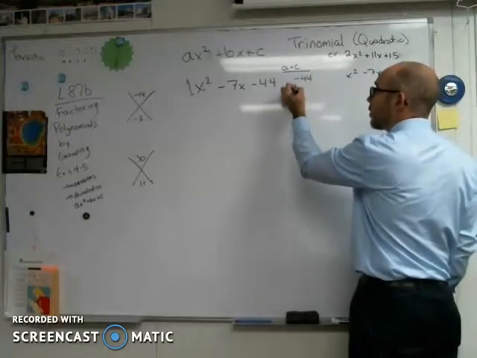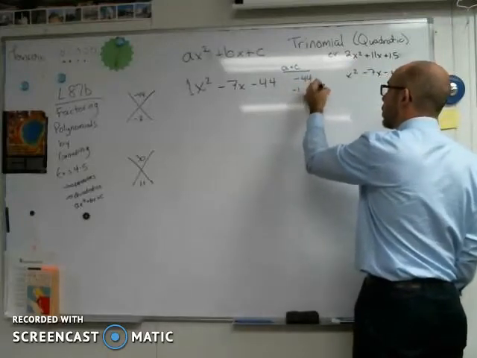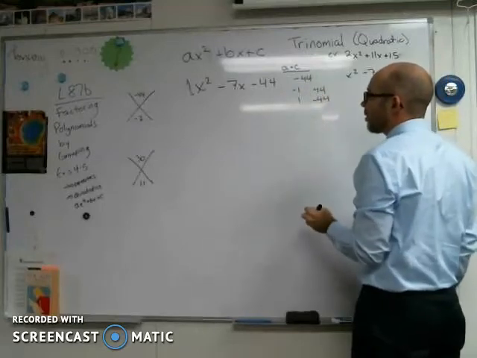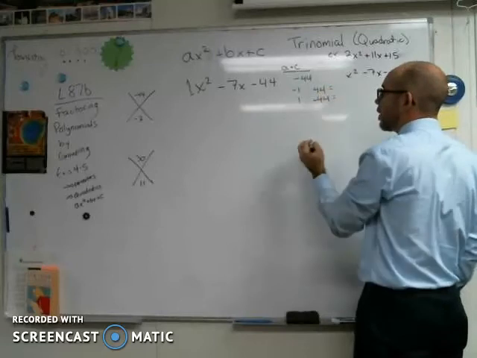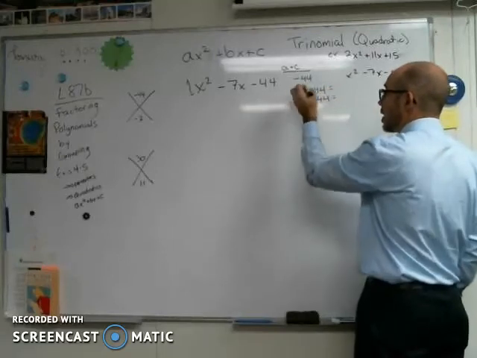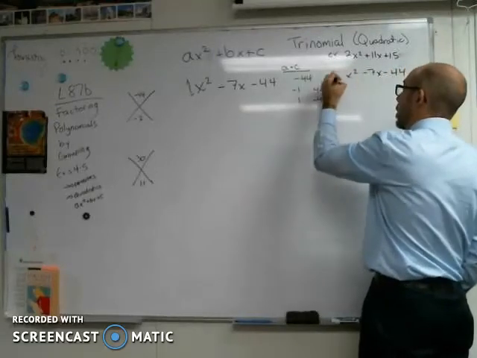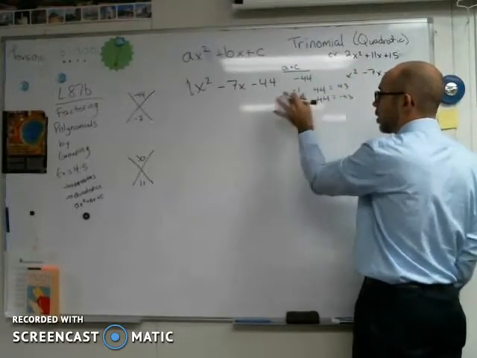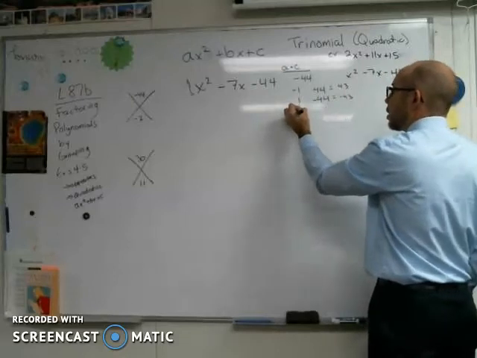Well, since it's a negative, I could have negative 1 times 44, or I could have a positive 1 times negative 44. Those don't sum up to negative 7, so it must be something else. They sum up to 43 or negative 43, so those ones don't work. I'm going to keep going.